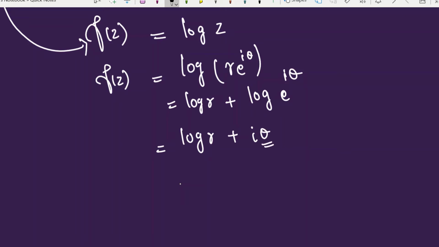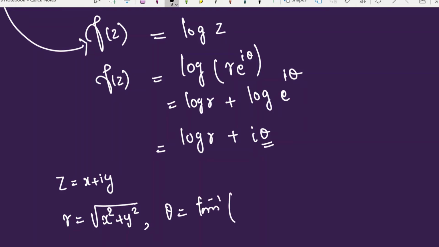So now we have to calculate theta. How can we calculate theta? If z equals x plus iy, r is its magnitude value, the square root of real part square plus imaginary part square. This is my r value, and theta value is tan inverse of y divided by x.